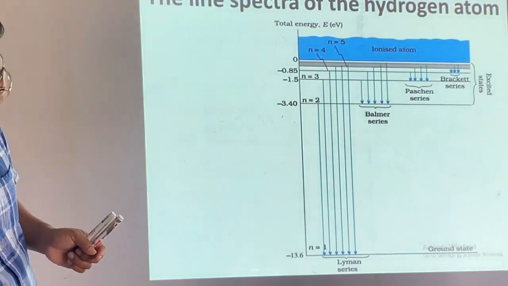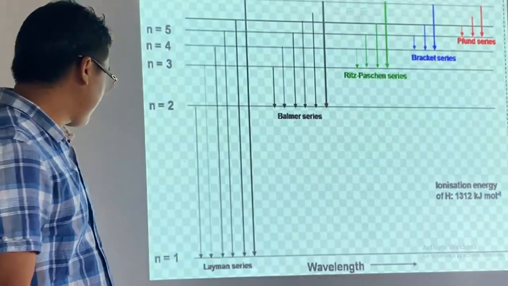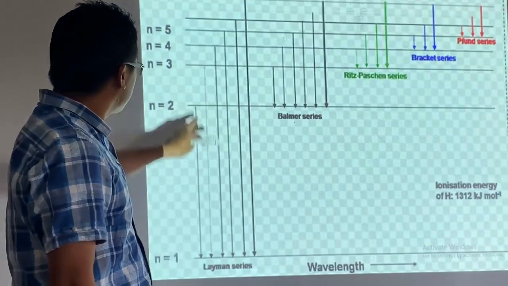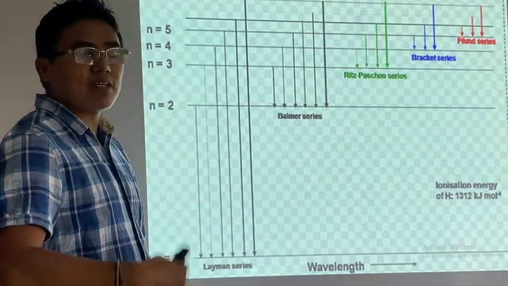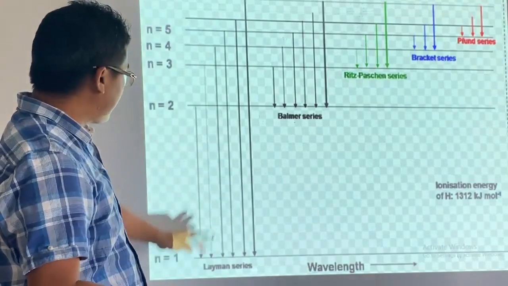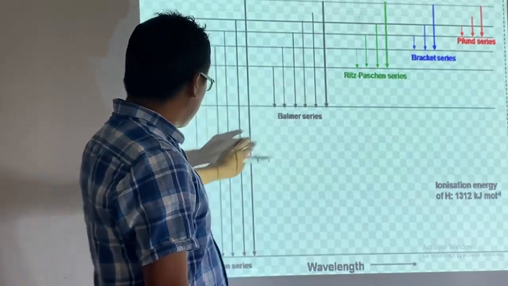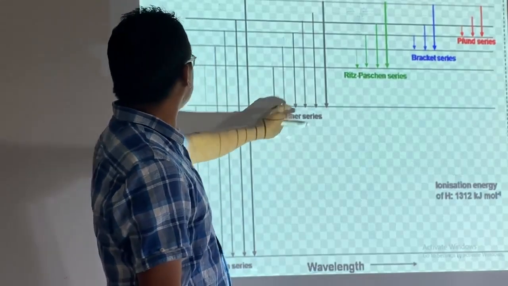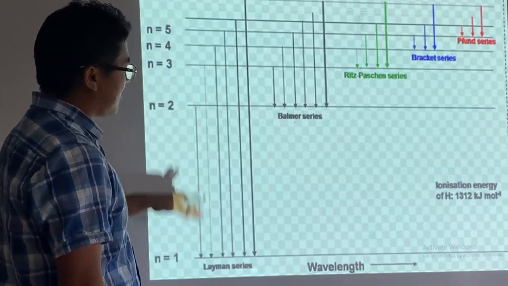So this is what we have, and this is another. This is the Lyman series, and the Lyman series has a different frequency, right? If it is coming from a much higher energy level, then the frequency must be higher. This is the Balmer series, and these are the energy levels.